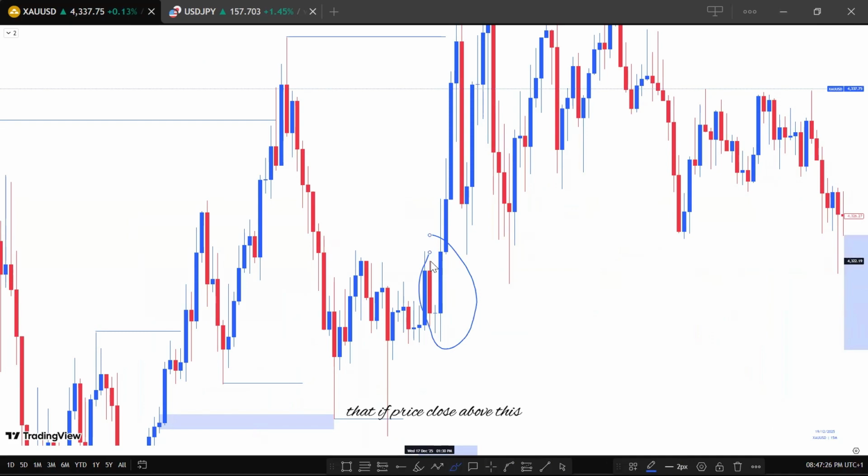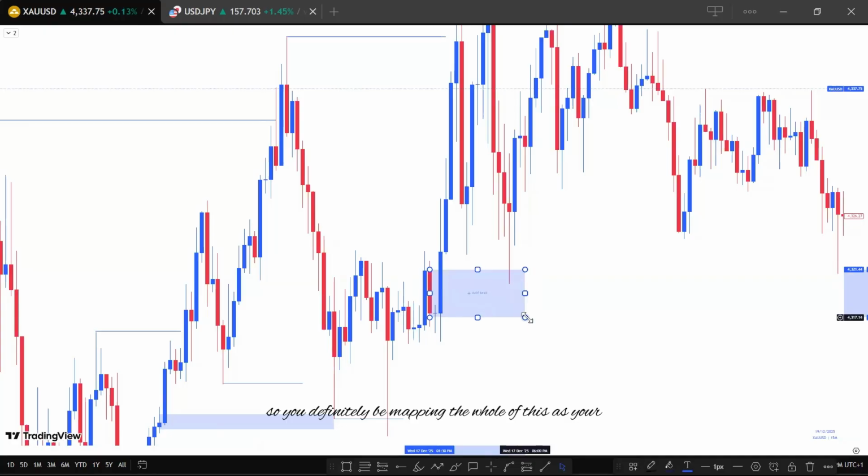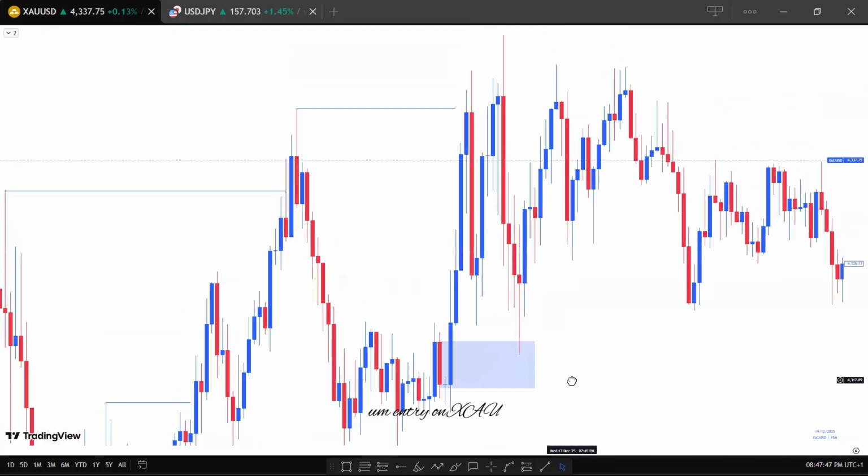If price closes above this buy candle, you will be mapping out the whole of this candle as your entry. I learned about the order block from TechReader. So you definitely will be mapping the whole of this as your entry on XAU.